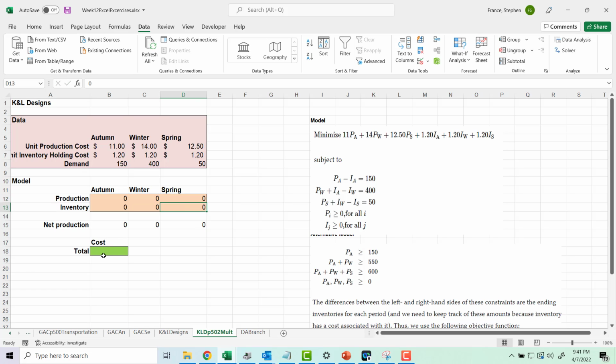Now the costs are quite nice, the objective function, because it's production times the unit production cost and inventory times the inventory holding cost. And we can actually do this in a giant sumproduct.